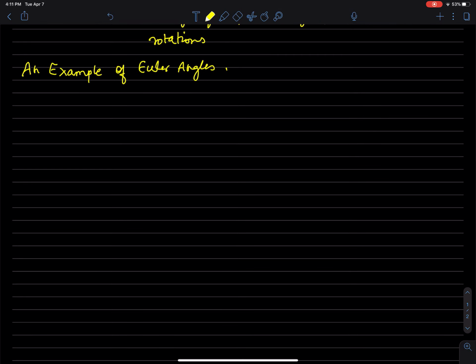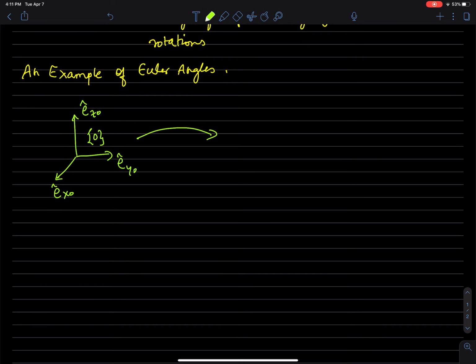Say we have some frame 0. So this is frame 0 with some axes ex0, ey0, ez0, and then we convert that set of axes by rotating by some angle alpha about ex0, say.